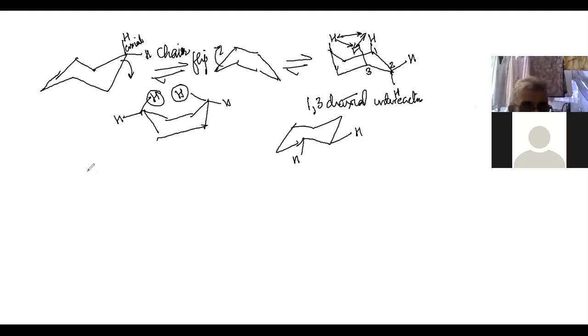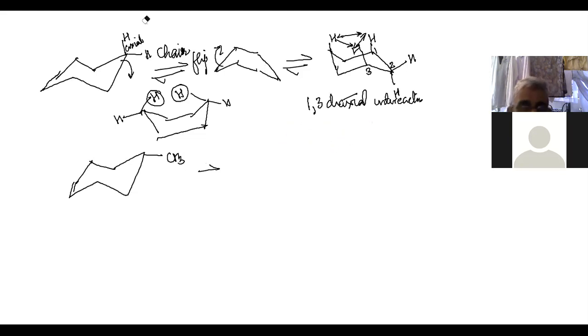Now, methylcyclohexane. Suppose I have a methyl group here. This can undergo chair flip and form this.